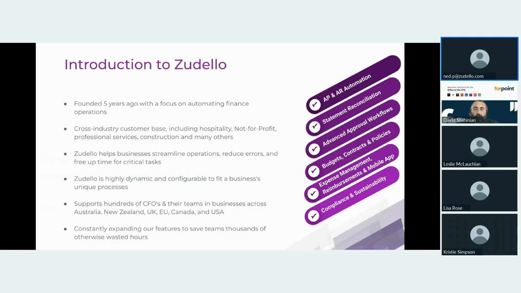And that's not just in Australia. That's between Australia, New Zealand, the UK and the EU, and even a couple over in Canada and the US. So we're constantly expanding both our customer base and our product offering. As we get more of a sense of what it is that customers really need out of our product, we can then make sure we're adding in those features and customizing ourselves.